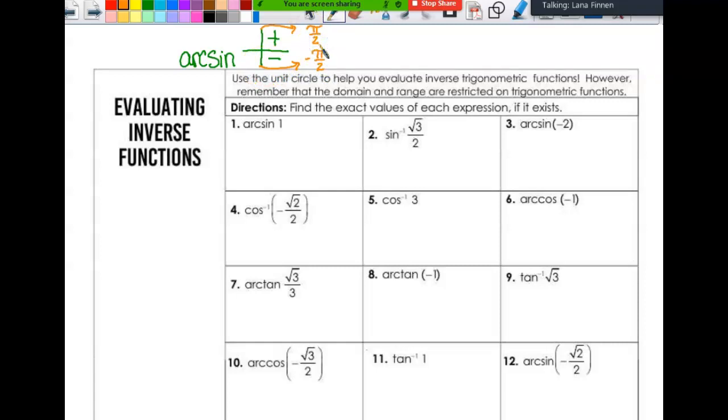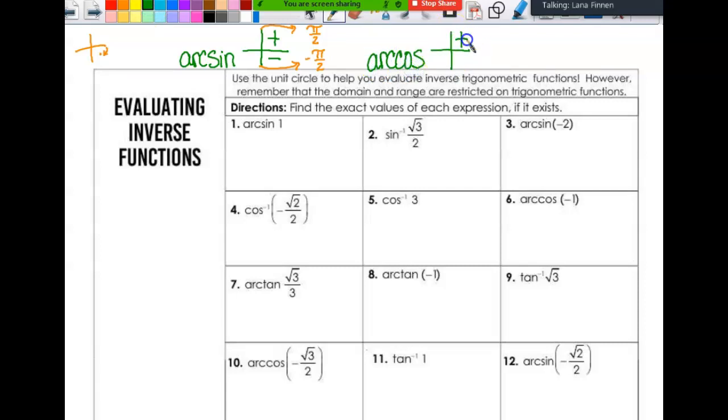That means that if you think your answer is 7pi/4, because you figured it out, you go, oh, it's right here, so it's got to be 7pi/4. 7pi/4 is not an acceptable answer because it's not between negative pi/2 and pi/2. So instead, the other way to get there would be negative pi/4. Does that make sense? Even though you're at the same spot, you have to have your values between those two numbers.